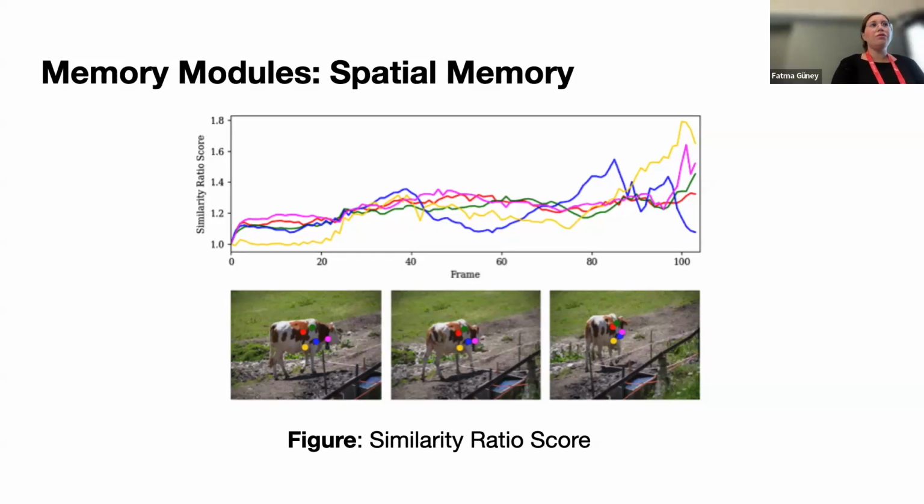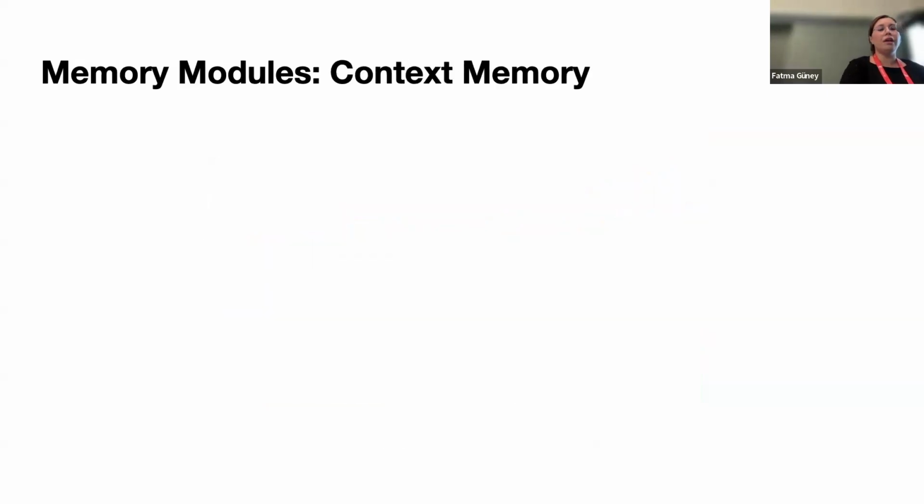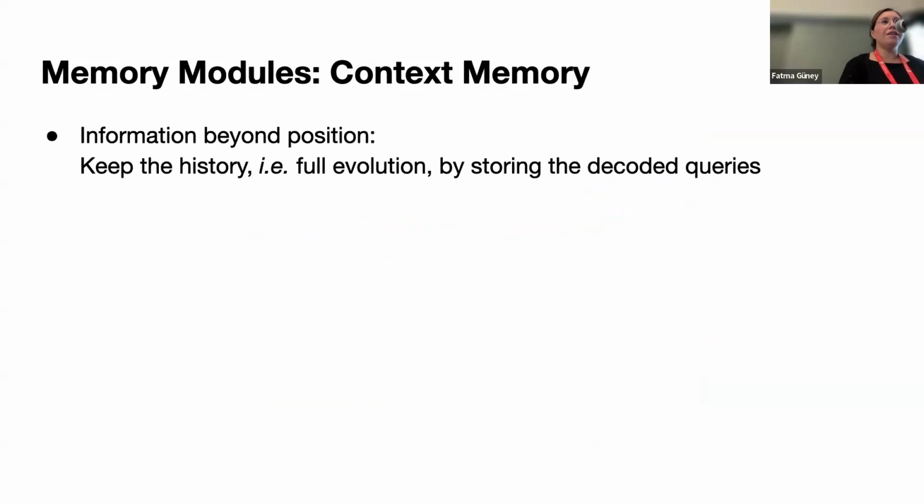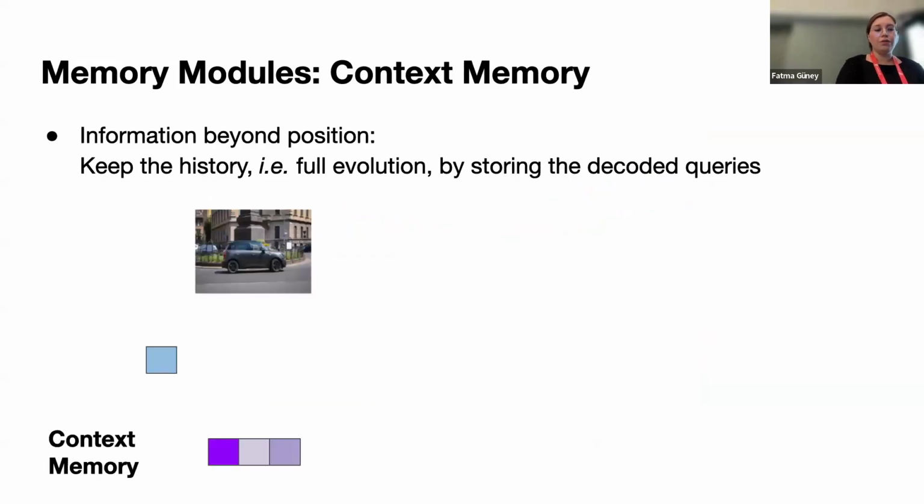But one thing that we noticed is that if we only look at the location, we are missing some other important information like context around the point, which is especially useful for occlusions. So we want information beyond position. We want to keep the history. This is like the full evolution, by storing the decoded queries.